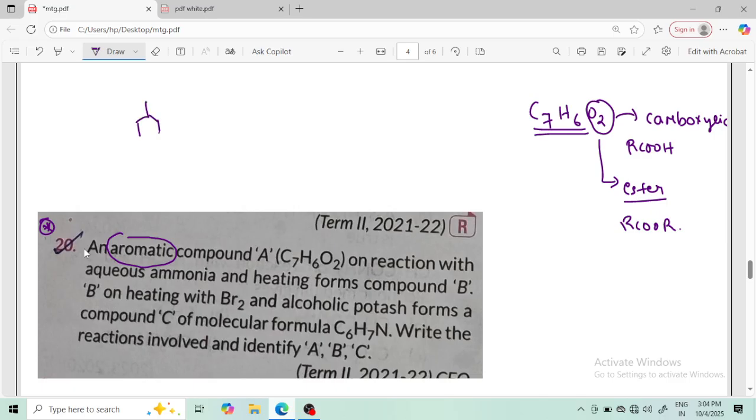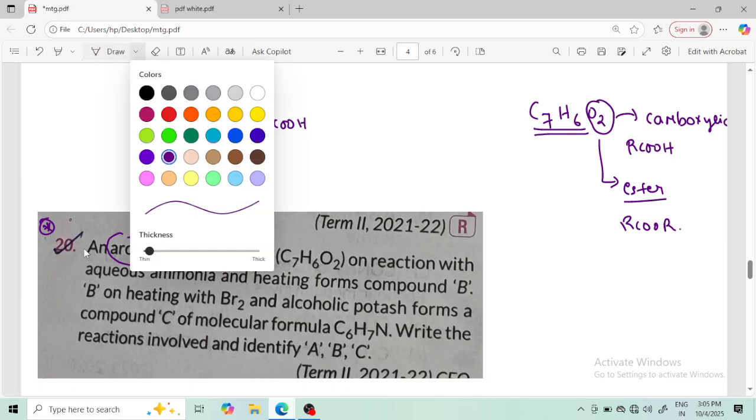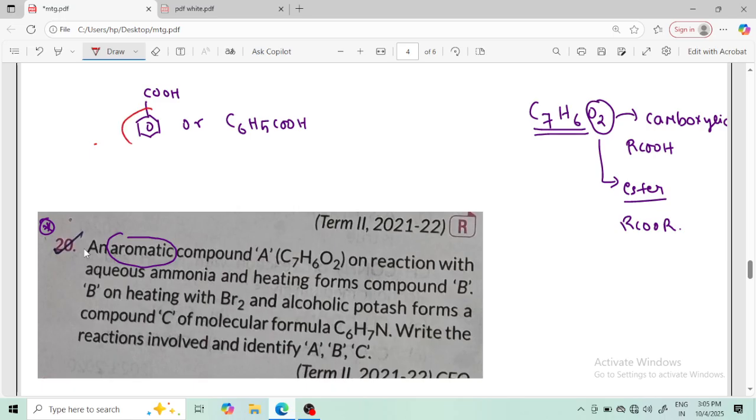If I give you this one and then COOH, I have just drawn this structure randomly and I want to see whether it's matching or not. I can also write this as C6H5COOH, right? Because this benzene ring part is C6H5.